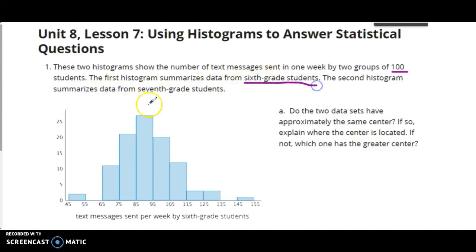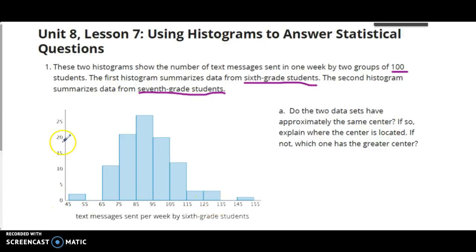Okay, so I'm going to pause and just think for a second about what's going on. In this problem, 6th grade students, 100 of them, were asked how many text messages they send in a week. And then 100 7th grade students were asked the exact same question. So all the numbers that I'm seeing down here on my x-axis, that's the number of text messages.